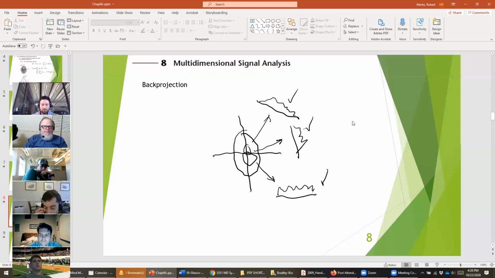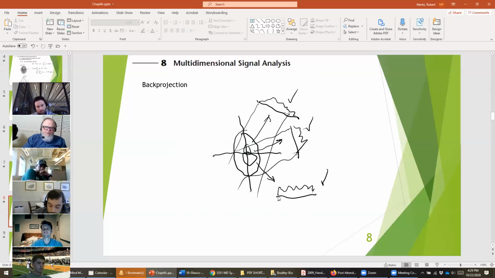One way to do it, and it turns out not to work, but one kind of obvious way, is this: remember what happens if you have a one-dimensional function in two dimensions? You take that one-dimensional function and you smear it back. Do you recall that? So what if we took this function and we smeared it back here? And then we took this function and we smeared it back.